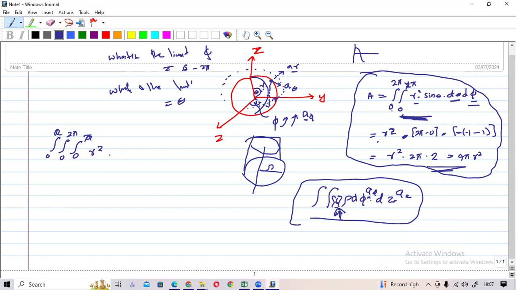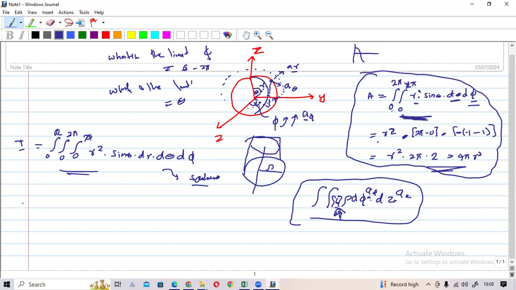R is square because R is there, so R square sine theta dr d theta d phi. This is how you find the volume integration. Just evaluate this, you will get the volume of a sphere.